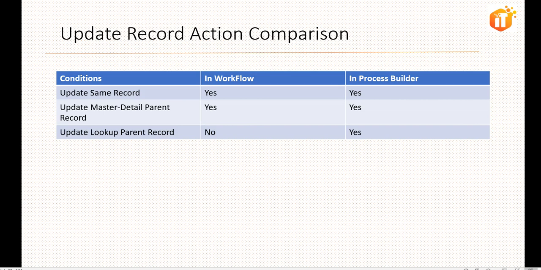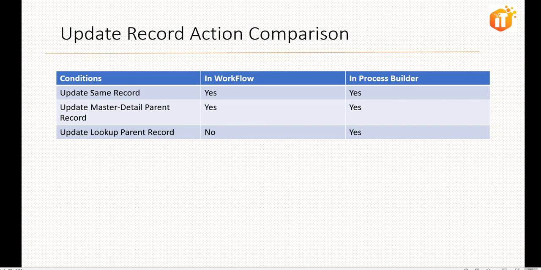But when there is a scenario of a lookup relationship between a child and a parent, then with the help of a workflow, you cannot update any field of your parent, but you can do so with the help of a process builder.